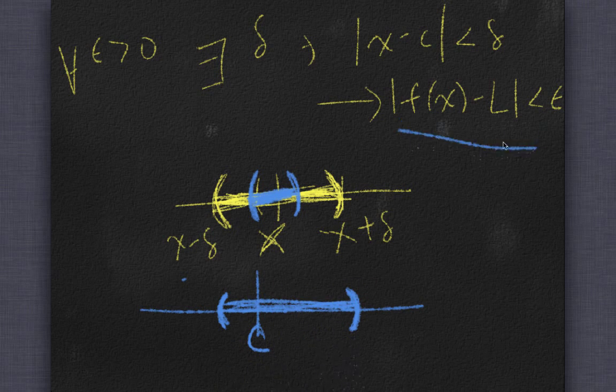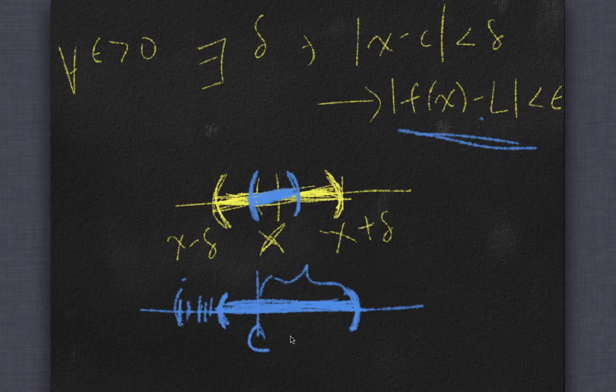You know that this is true if x is in here. But if I choose this as delta, then I come over here and I don't know anything about these guys. For all I know, they could map to the moon. All I know is if you're in this interval, then this is true.